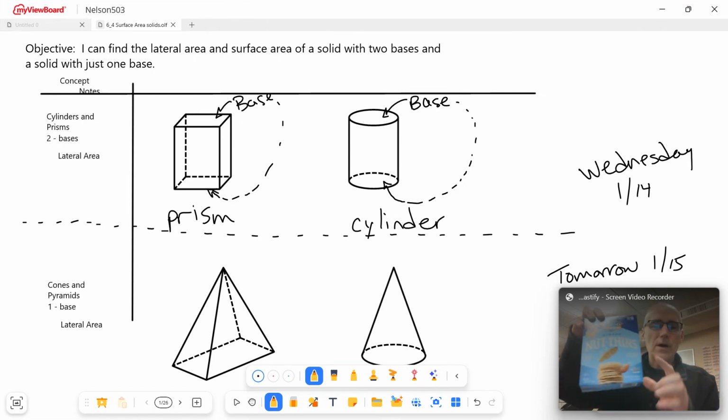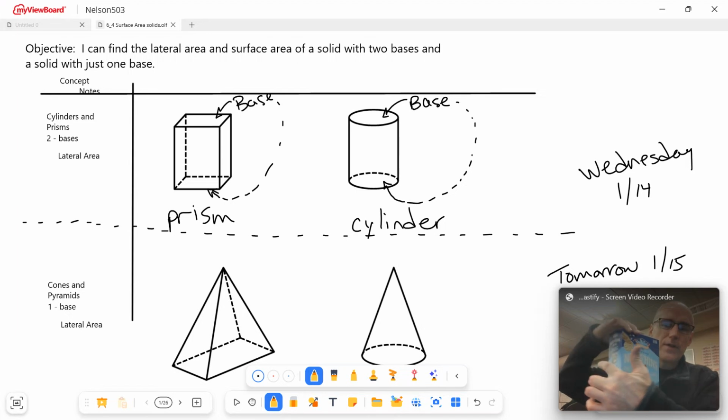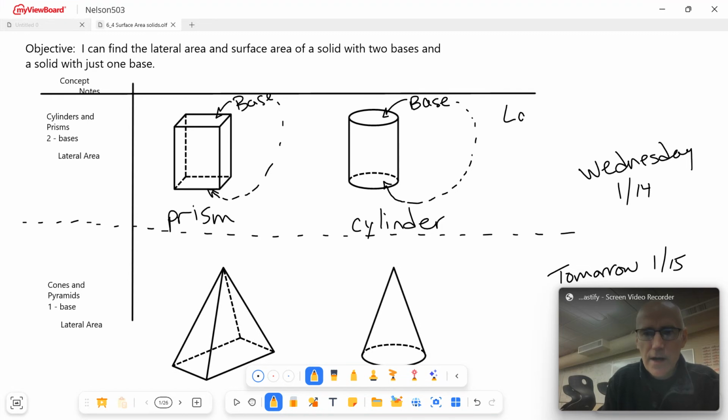If they talk about just the sides, they call it lateral area. Okay, so let's put that down somewhere, maybe off here to the side. The lateral area is the four sides, and the surface area, oh boy, surface area is the lateral area plus the bases.